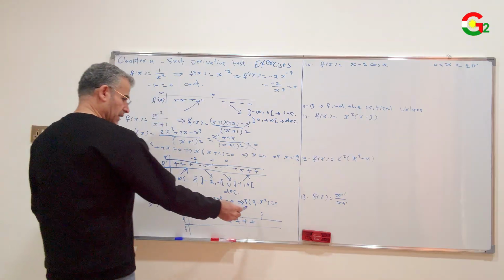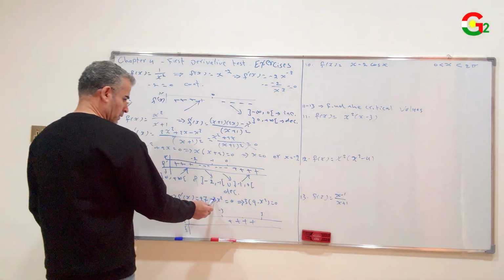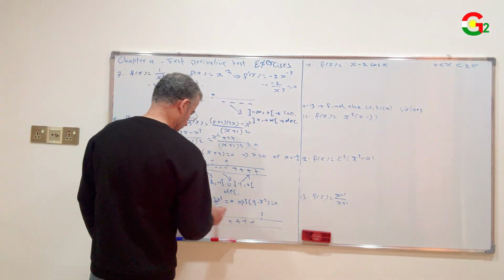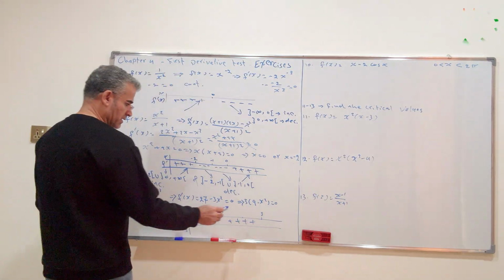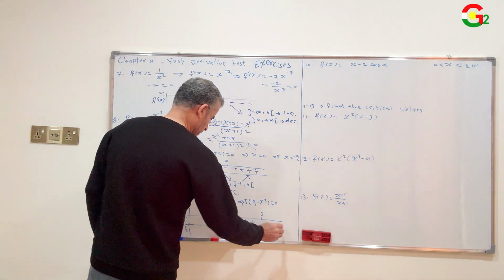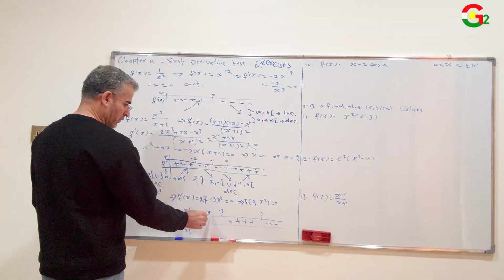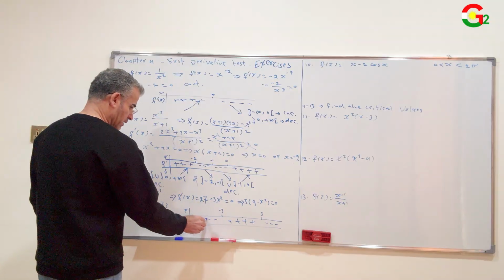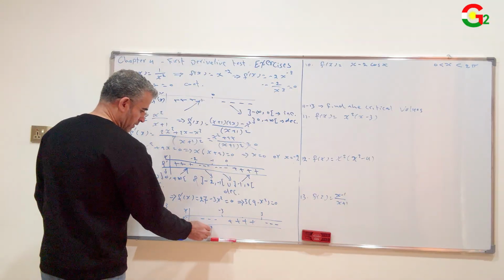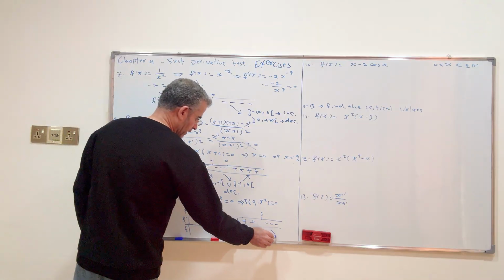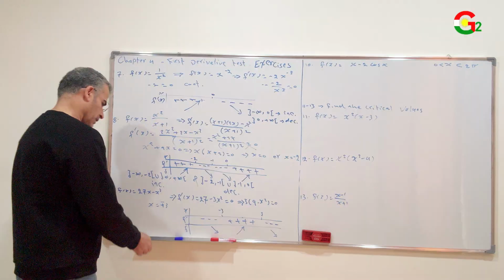When x is greater than 3, say 4, the derivative is negative, since 3 times 16 is greater than 27. When x is less than negative 3, say negative 4, the derivative is also negative. Therefore, the function is decreasing here, increasing here, and decreasing here.